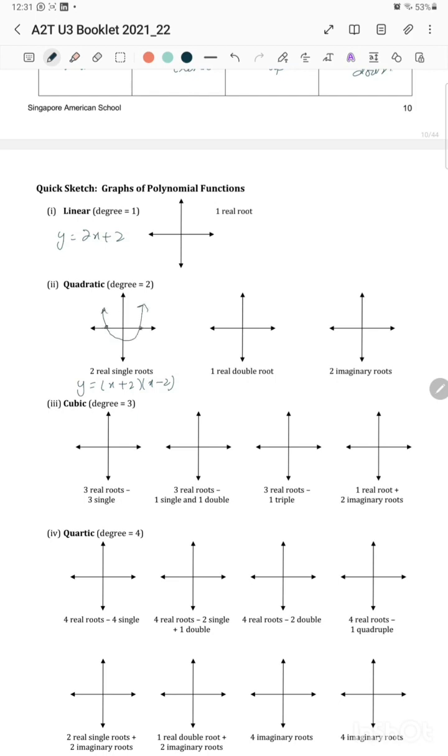Or it can have one real double root. (x minus 2) squared means one real double root. Two imaginary roots means there is no point on the x-axis.